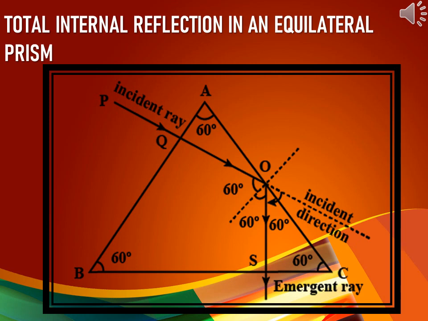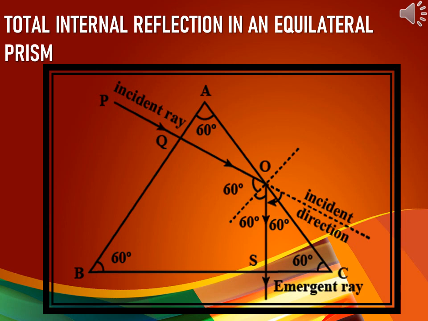Now, the light ray QR suffers TIR at the glass-air interface, since the angle of incidence, which is 60 degree, is greater than the critical angle, which is 42 degree, such that angle QRS is 120 degree.